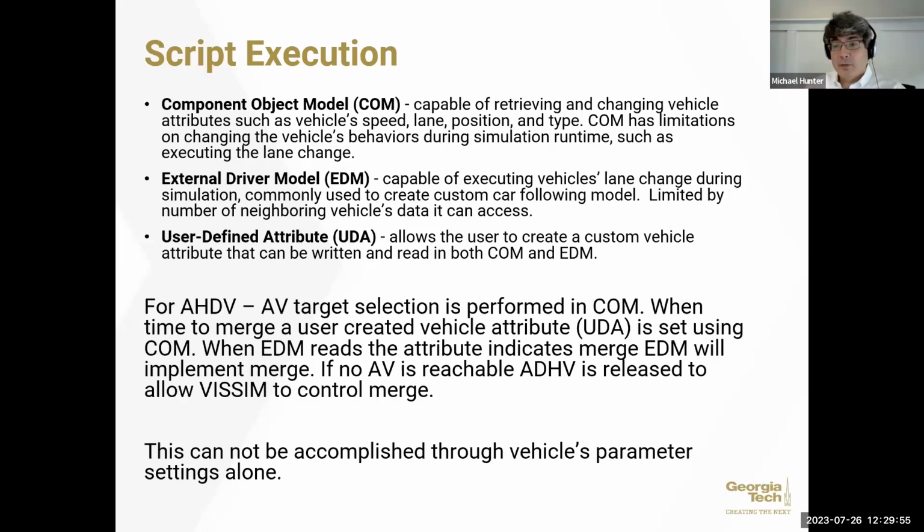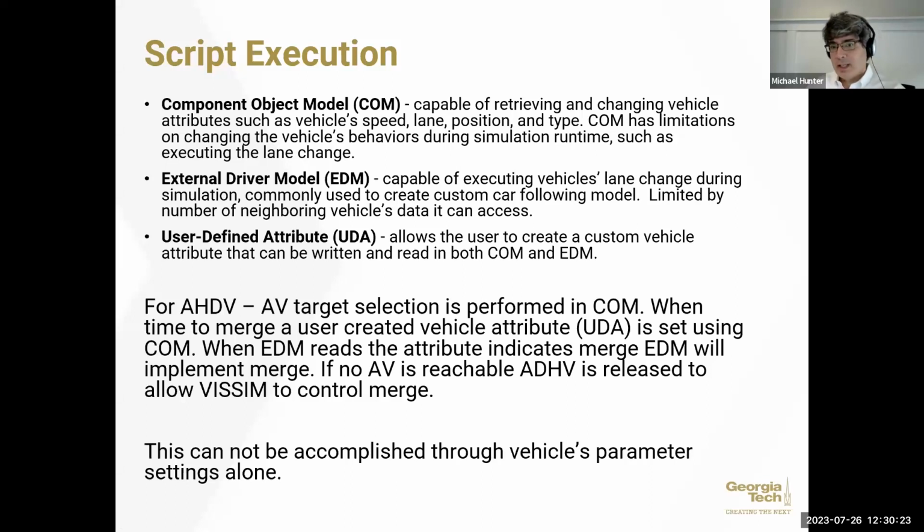For instance, we can't force a merge, say, change lanes right now. To do that, you have to use your external driver model, which is what people typically use if they want to do their own custom car following model. We've also added a user-defined attribute. The user-defined attribute is a newer VisSim feature that allows you to create your own attribute, which we use as a flag. So we use COM to do all the targeting.